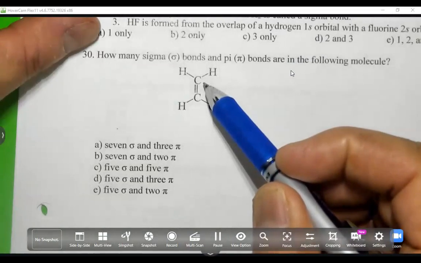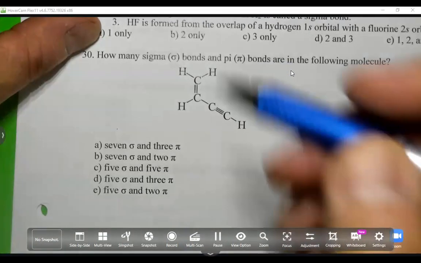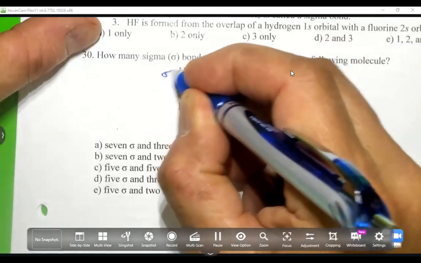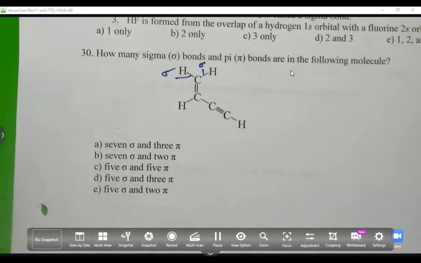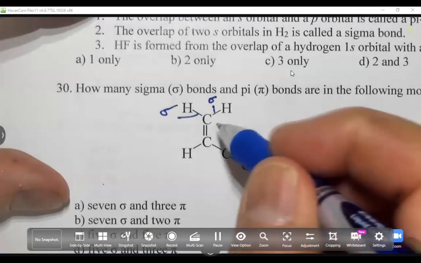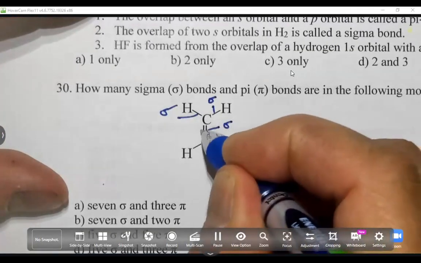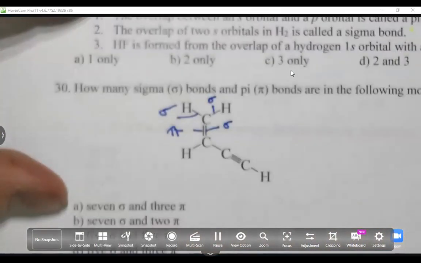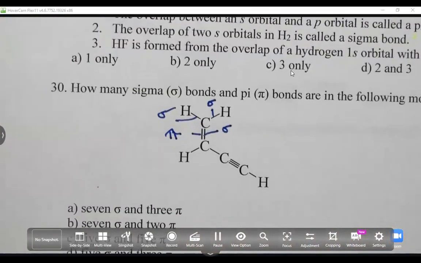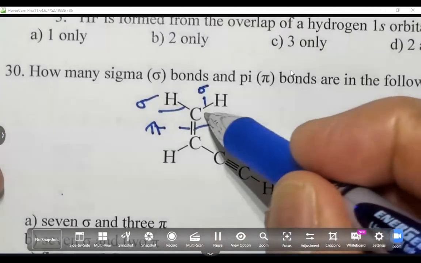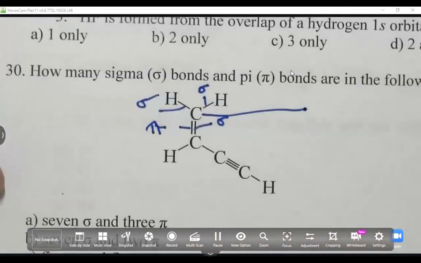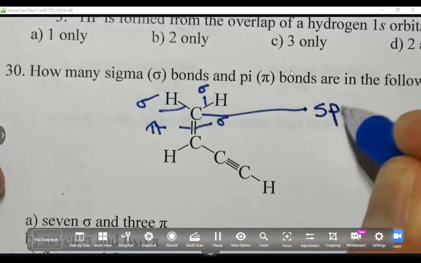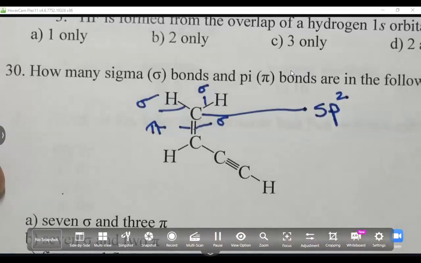This carbon right here, the hybridization, well, I guess we should identify the bonds. This is sigma, right? This has to be sigma, sigma. If you have a double bond, one of them is sigma and one of them is pi, correct? So the hybridization of this carbon here is sp2.